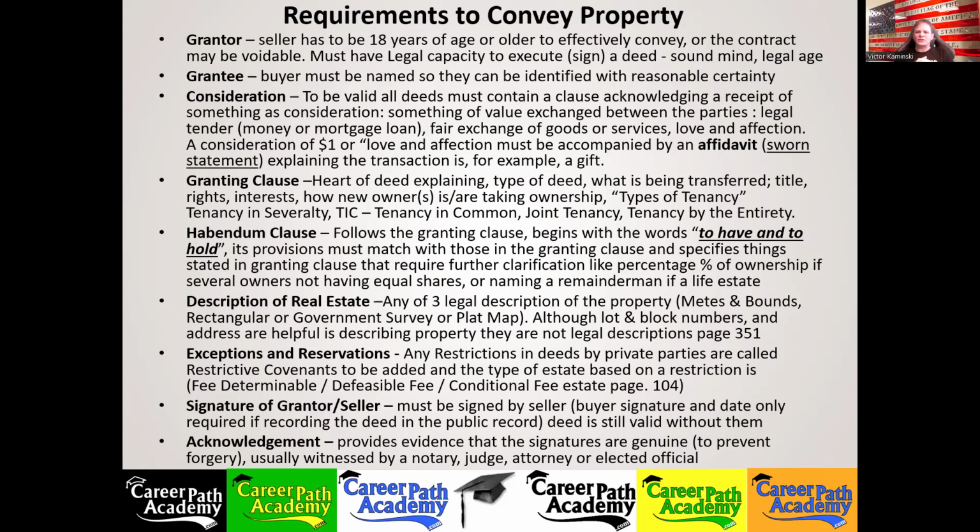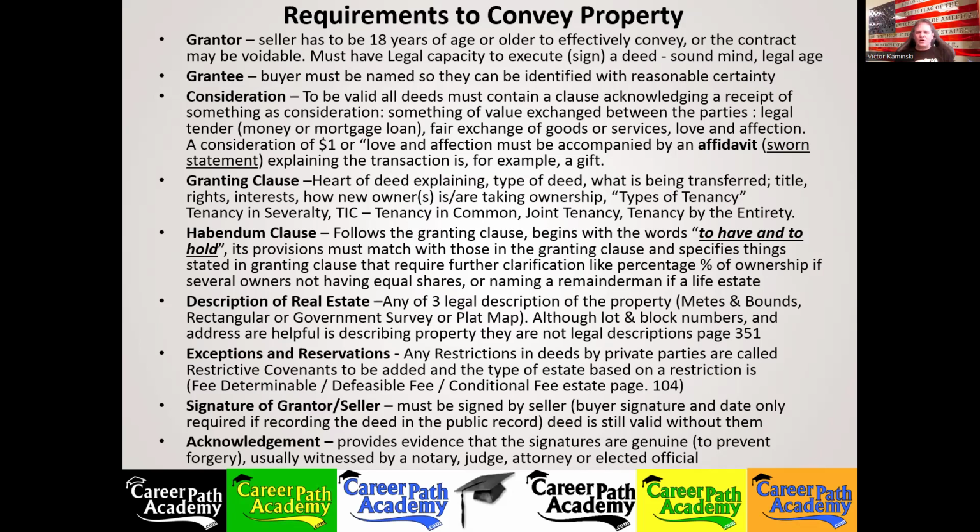It can be something of value, or an exchange of goods, or it could be legal tender, that's money or a mortgage loan, or love and affection. But if it is love and affection, it should be accompanied by an affidavit. An affidavit is a sworn statement that says that this is, in fact, a gift.